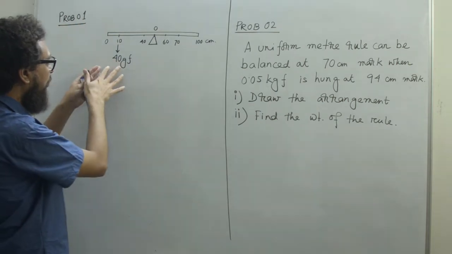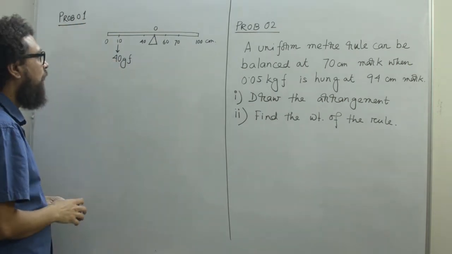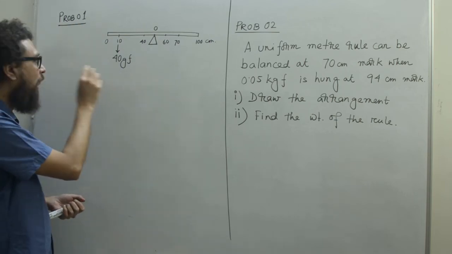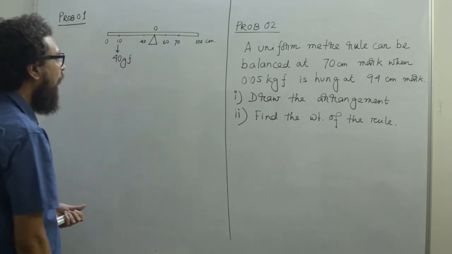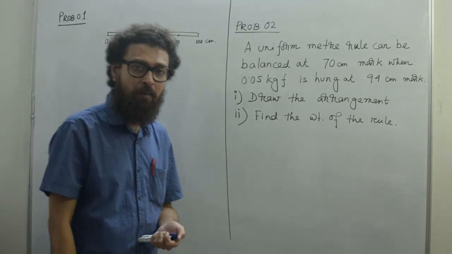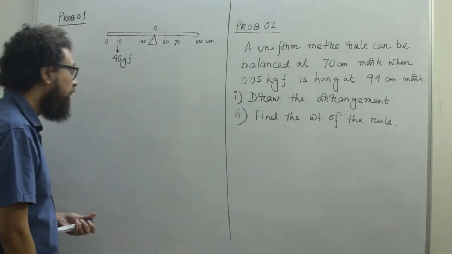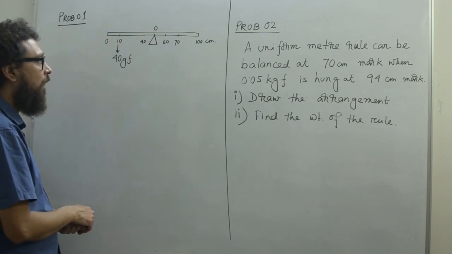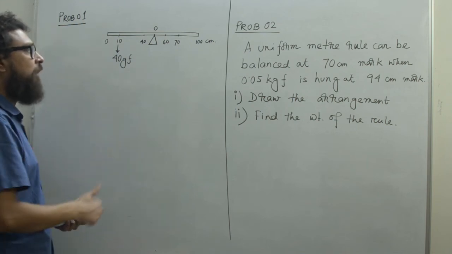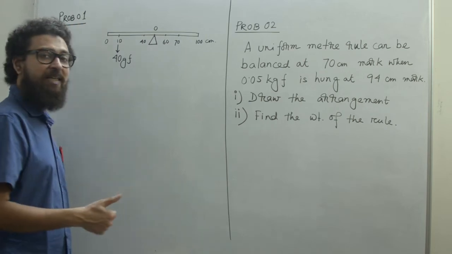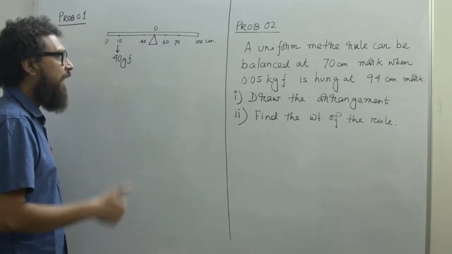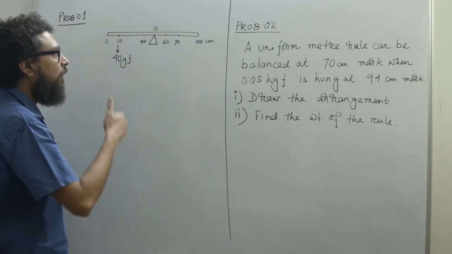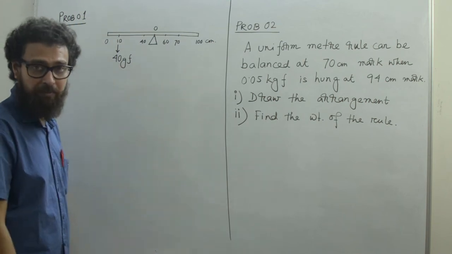So obviously when we are having this 40 gram force, this is the diagram given, and after this diagram they have asked how we can balance this rule using 80 gram force placed at the other side of the pivot.